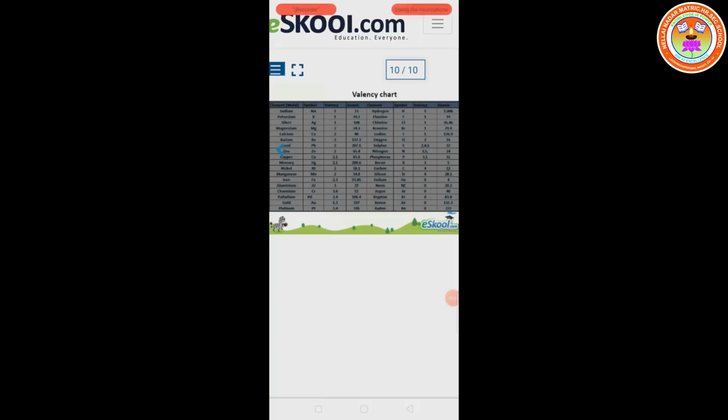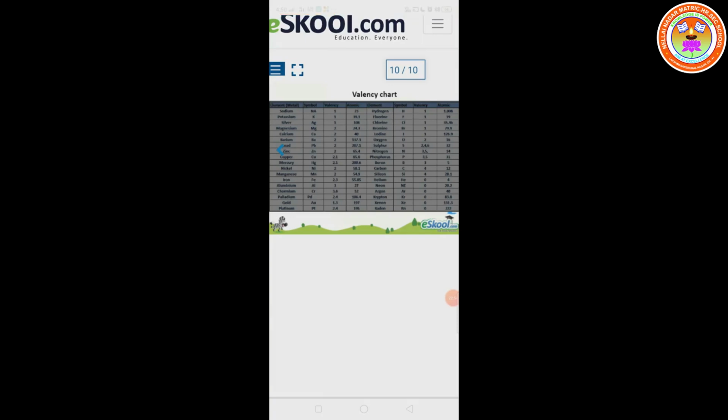Nickel Ni valency 2, manganese Mn valency 2, iron Fe valency 2, 3. That is also variable valency. Aluminium Al valency 3, chromium Cr valency 3, 6. Palladium Pd valency 2, 4, gold Au valency 1, 3, platinum Pt valency 2, 4.